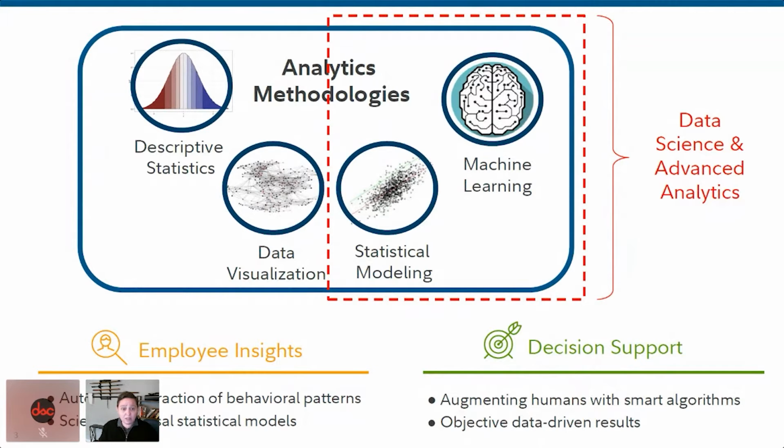So we have statistical modeling or machine learning. People can make an argument that there's not a big difference here at all. But traditionally, statistical modeling is more about understanding things, whereas machine learning is more of a black box predictor of something. So maybe you don't understand exactly what's going on with your employees, but you would do a really good job of predicting what they might do next.